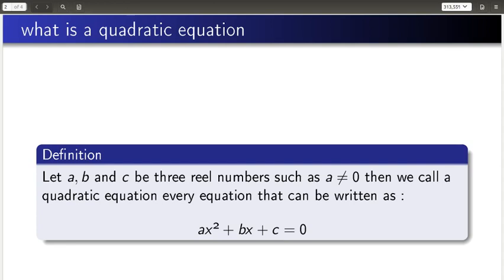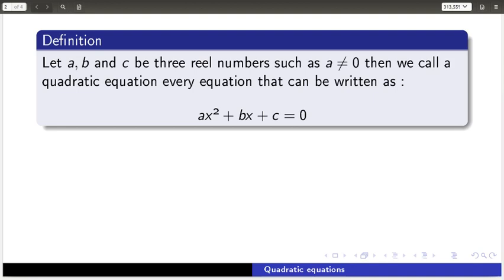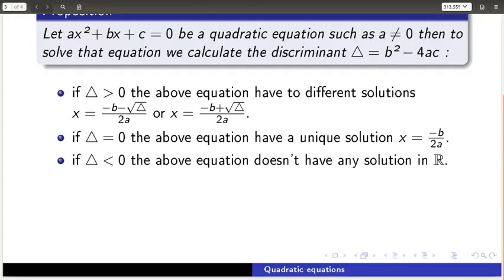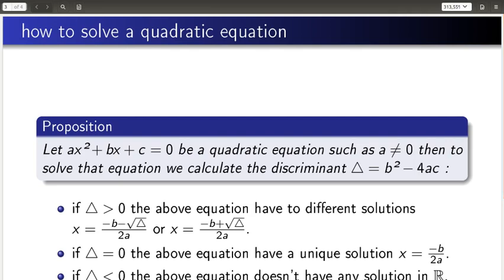And now, after the definition, we shall state the proposition that can be used to solve any quadratic equation. The proposition states: let ax squared plus bx plus c equal to 0 be a quadratic equation such that a is different from 0.